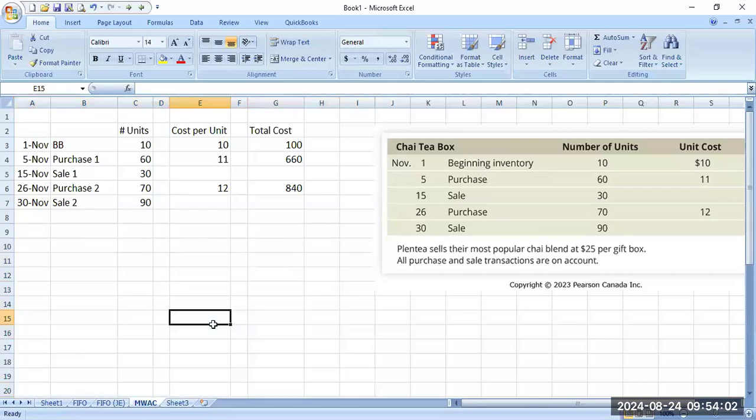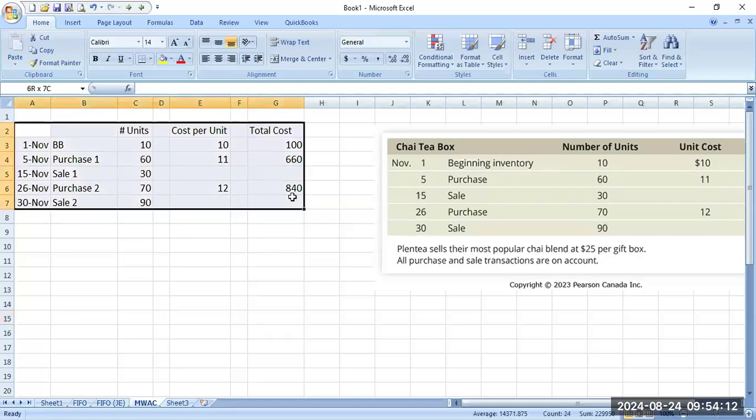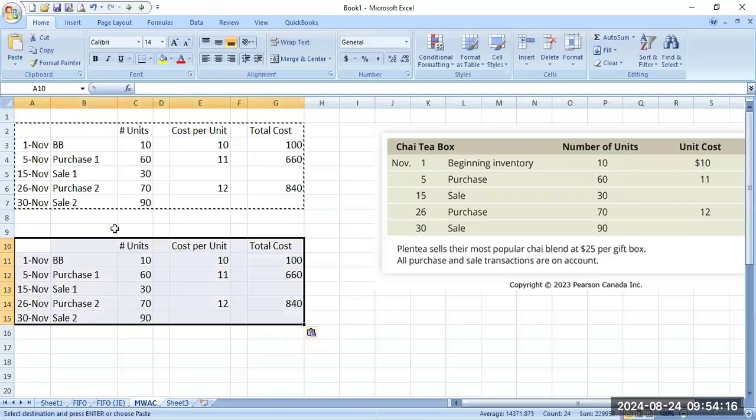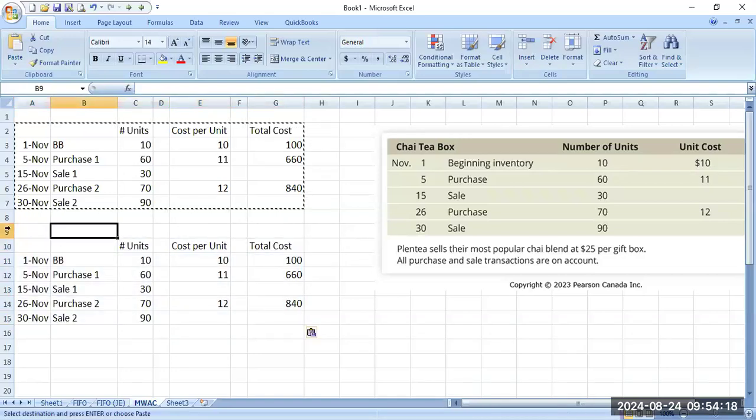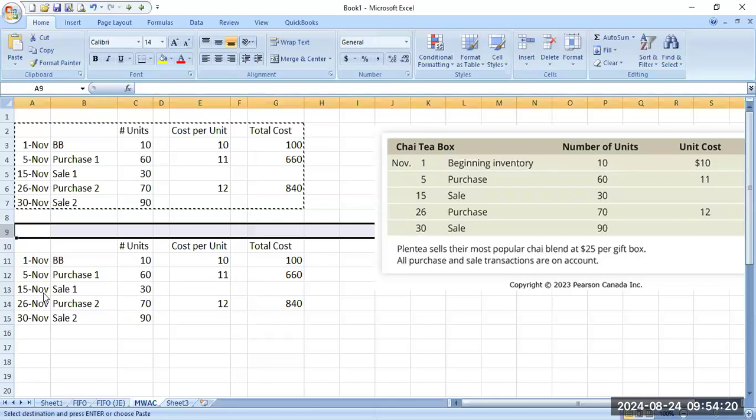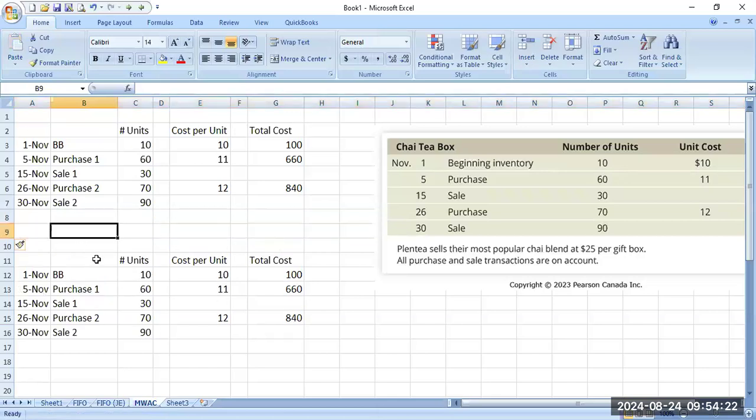The only thing that matters to me is the initial information. Once I have the initial information, I'm going to copy it and start working. This again is a moving weighted average method.